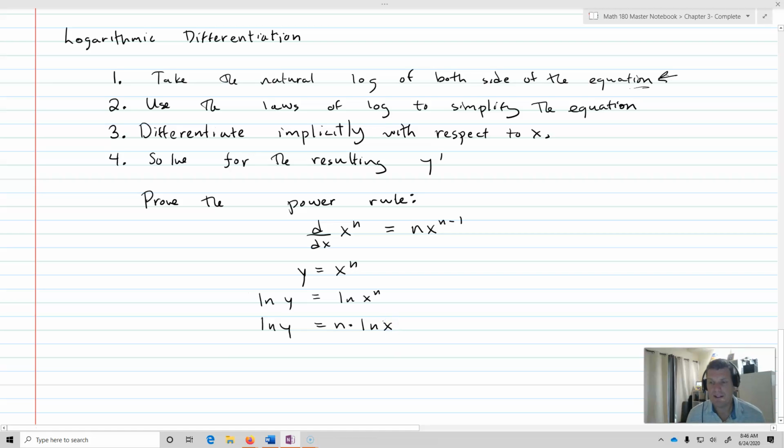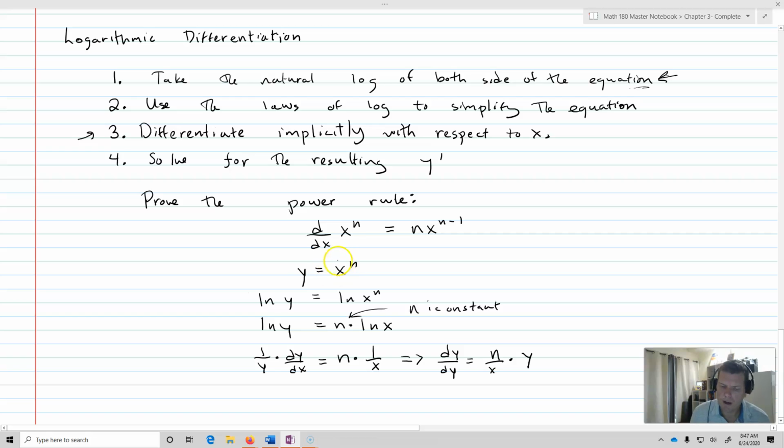Now it's important to notice that n here is constant. So when I go to differentiate implicitly, number three, I get 1 over y times dy/dx equals n times 1 over x. That gives me dy/dx equals n over x times y.